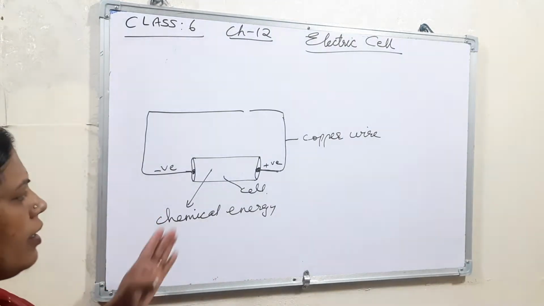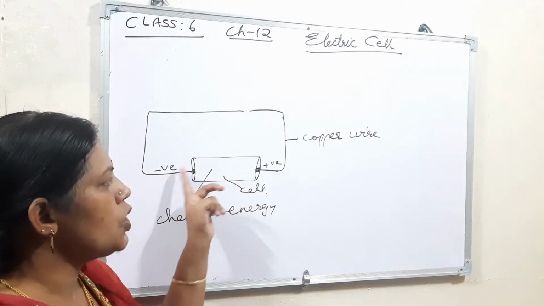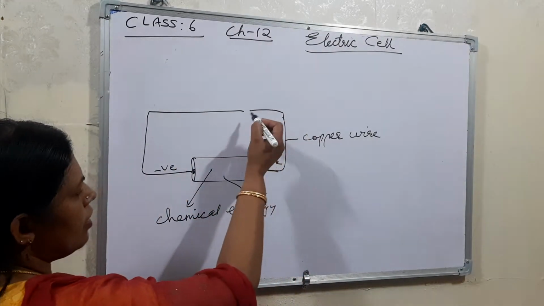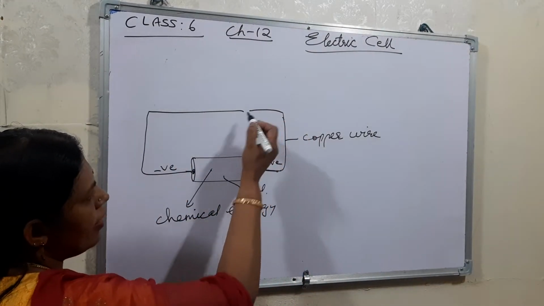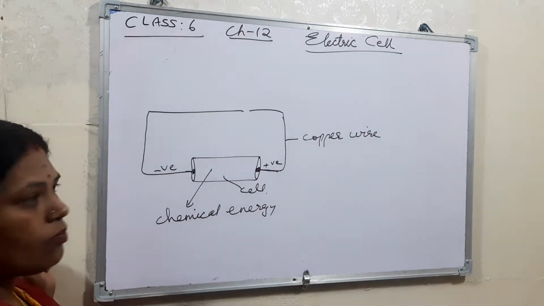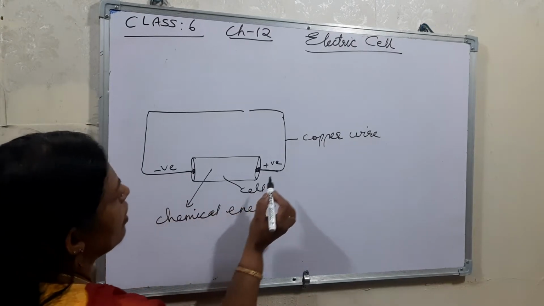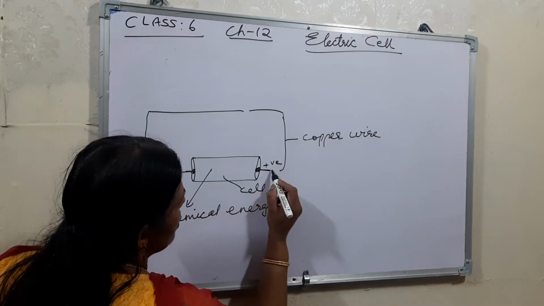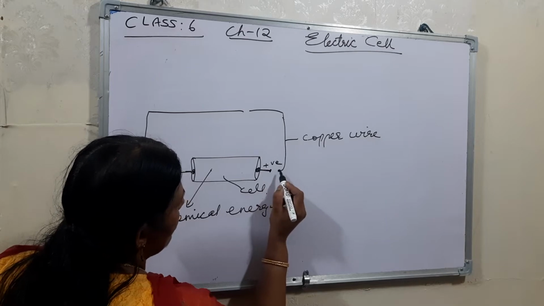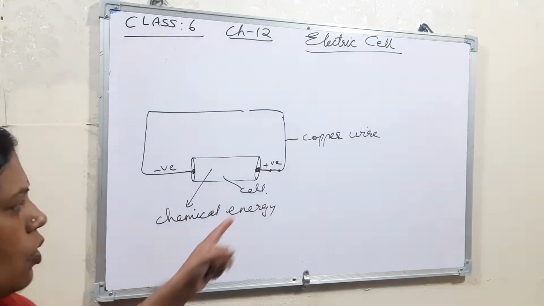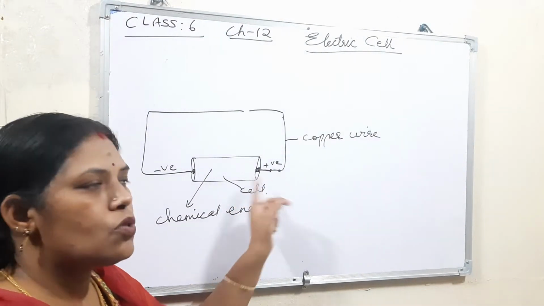When the positive and negative terminals are connected with the copper wire and you switch on, if you make a switch over here, this is the symbol for a switch. It is now closed, so it means switch on.